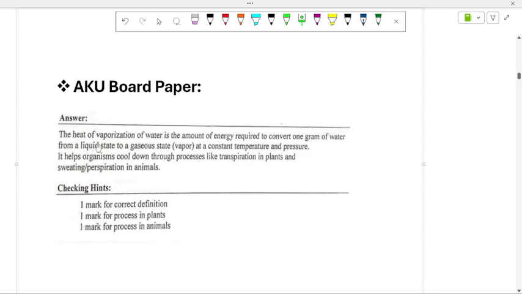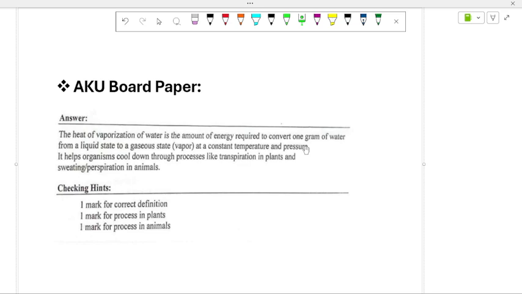Previously it's in liquid state, and it will convert itself into vapor state. And we have to keep some of the properties constant, like temperature as well as pressure.